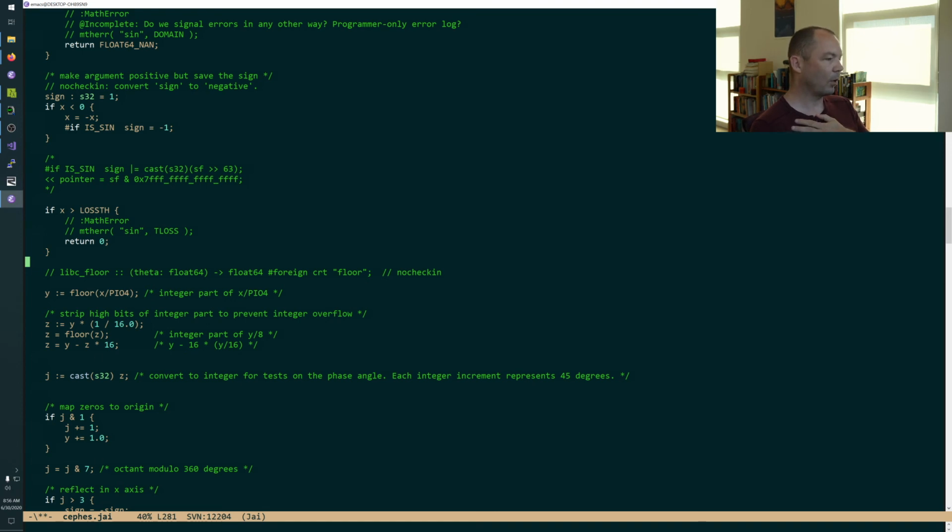All right, so we take the angle, we divide by pi over 4, or we divide by 16, or we floor it, whatever, all these things. But we know x is not negative because of this up here. We know x is positive, right?